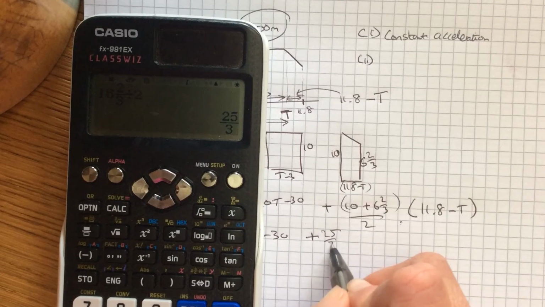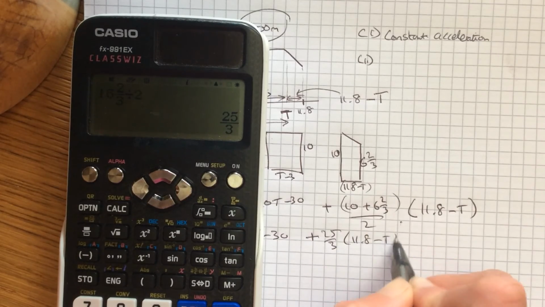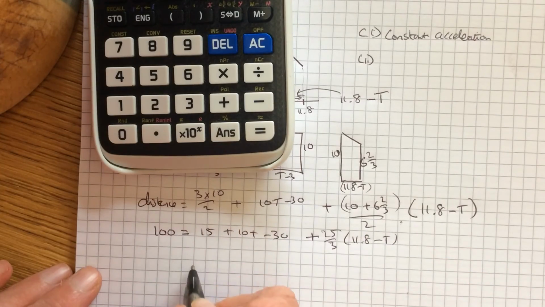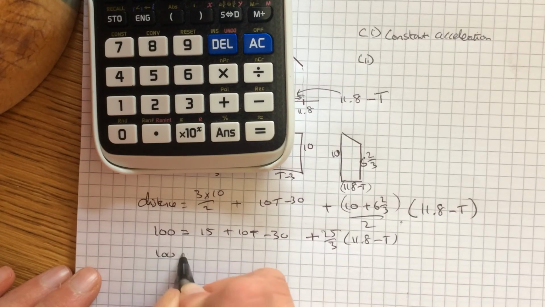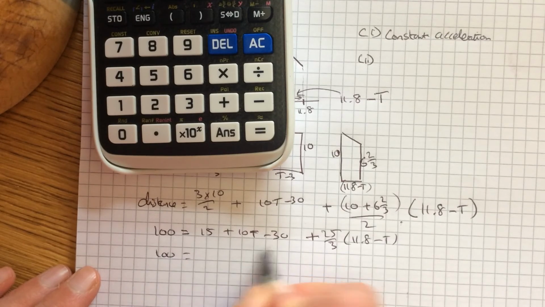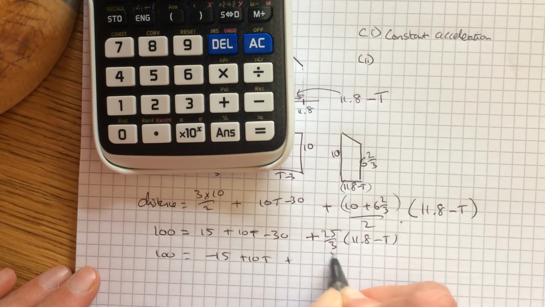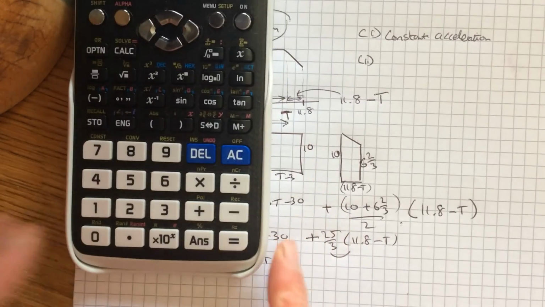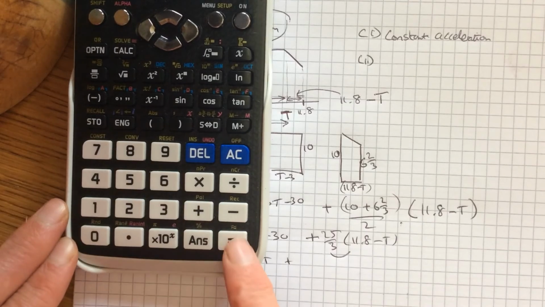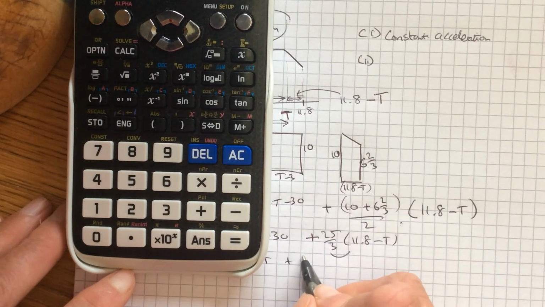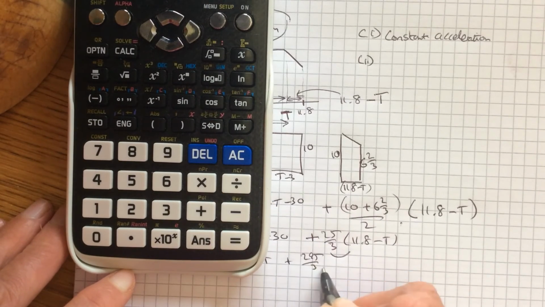So it's 25 over 3 times (11.8 minus t). So my next line is 100 equals 15 minus 30, which is minus 15, plus 10t. Expanding out that bracket, 25 over 3 times 11.8 gives me an answer of 295 over 3.